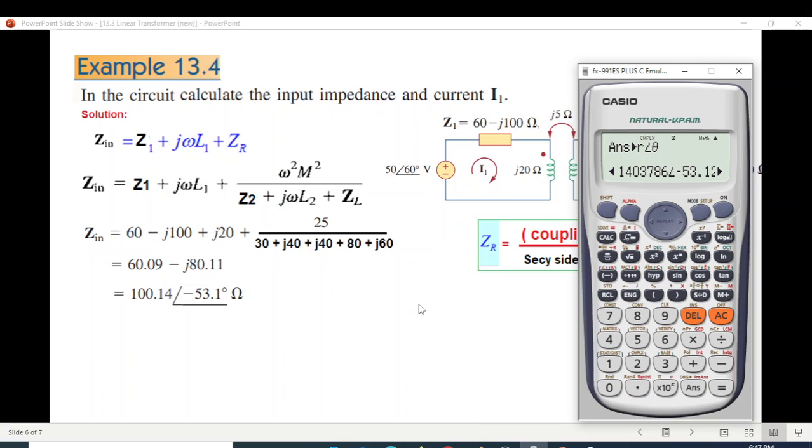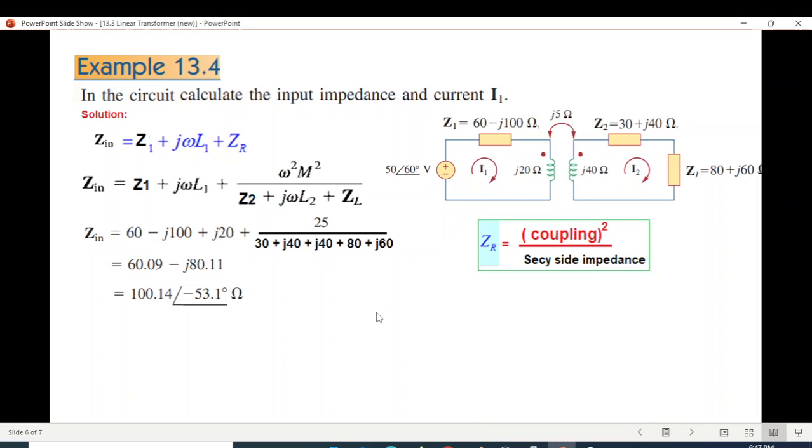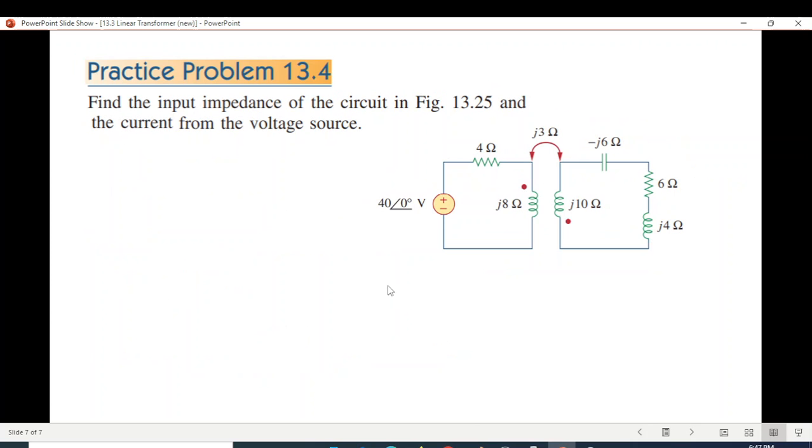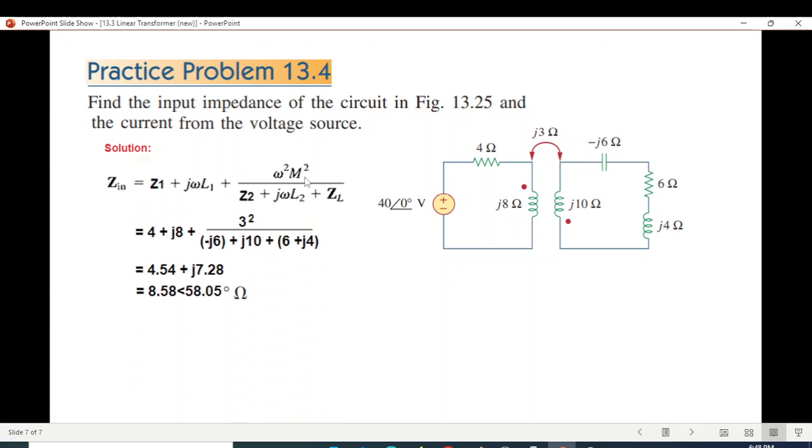So we have found Zin, and now we'll find the current. I is V over Z. This is V divided by this value of Z. So this is the current. And now we'll solve the practice problem, exactly the same technique. Just write the formula, plug in the values.